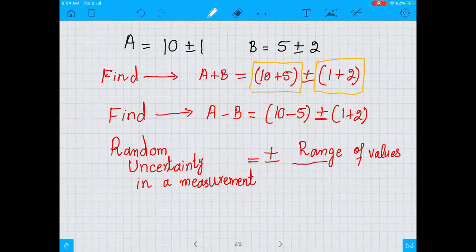So random uncertainty in a measurement is actually plus minus range of values over 2. And what is range of values?